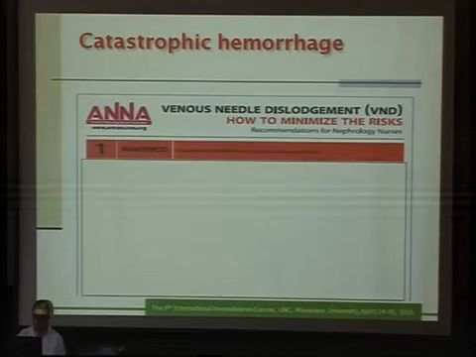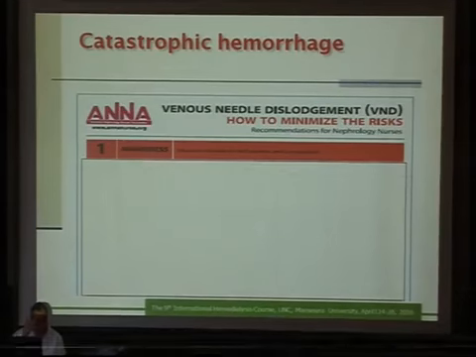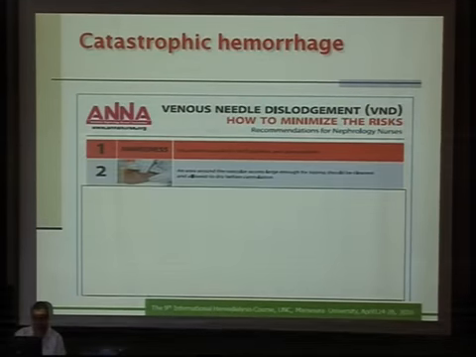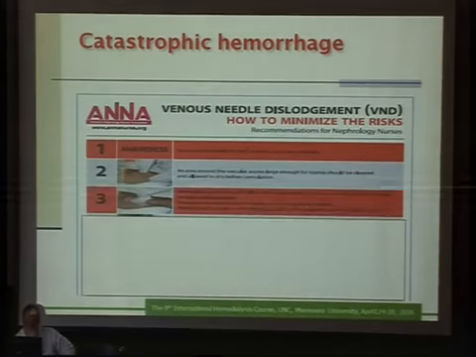So we should follow these steps. Number one, we should be aware of the education for the staff and the patient and all care providers fixing the needle. The area around the vascular access should be large enough and should be cleaned and allowed to dry before cannulation.